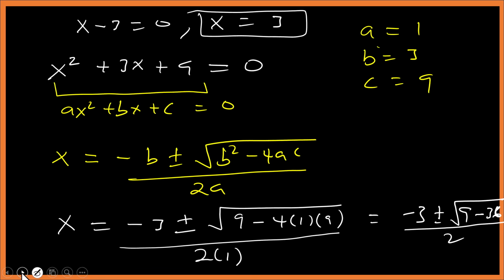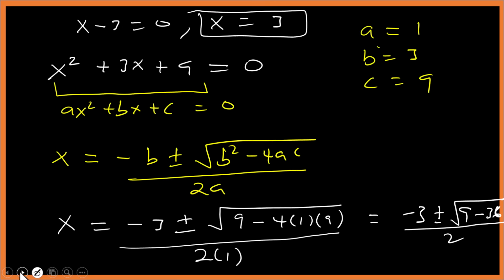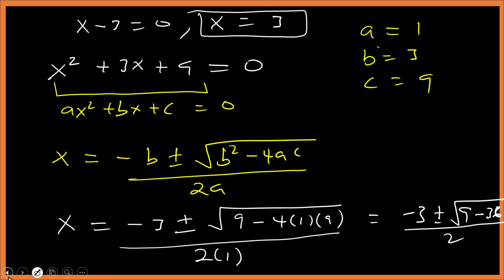So x equals minus 3 plus or minus the square root of 9 minus 36, that will be minus 27, so minus 27 on 2.